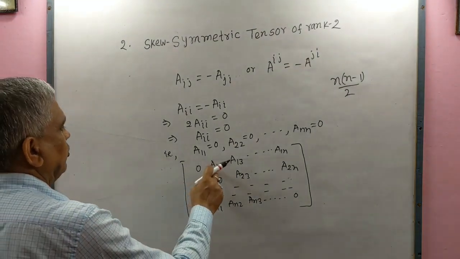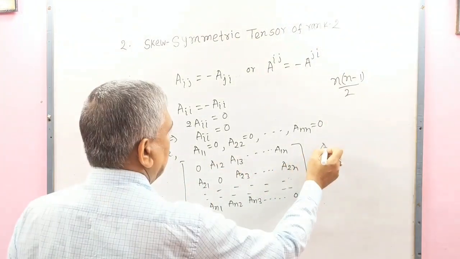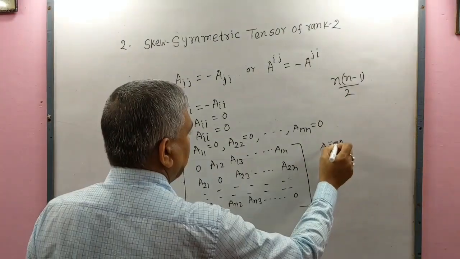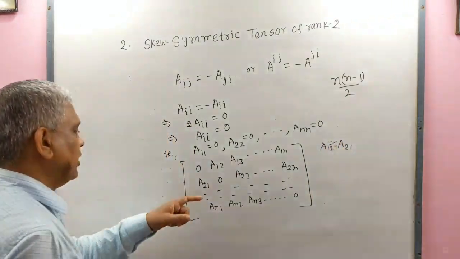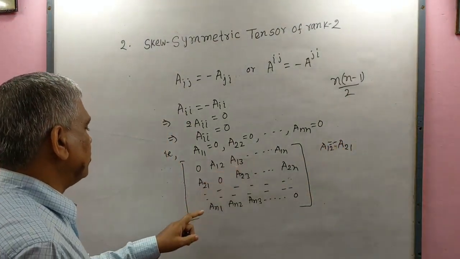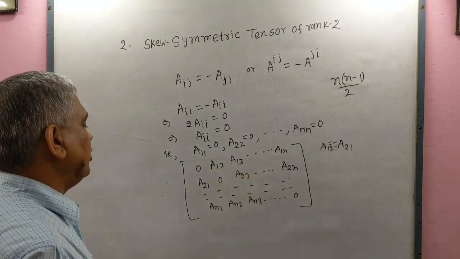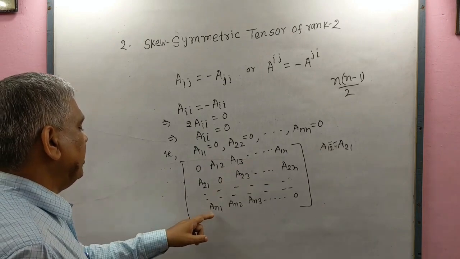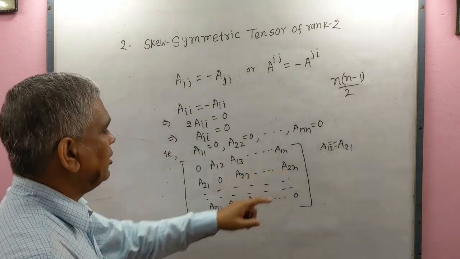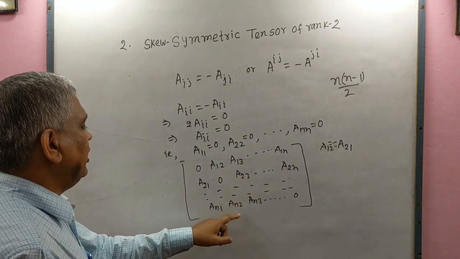Also A12 equals minus A21. Similarly A13 equals minus A31, A1n equals minus An1, A2n equals minus An2.